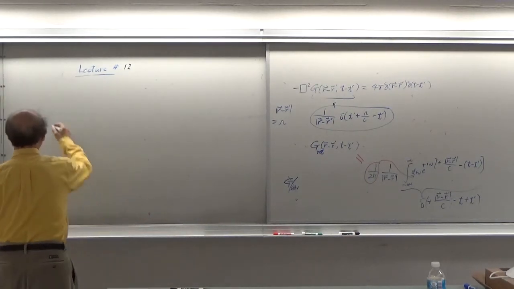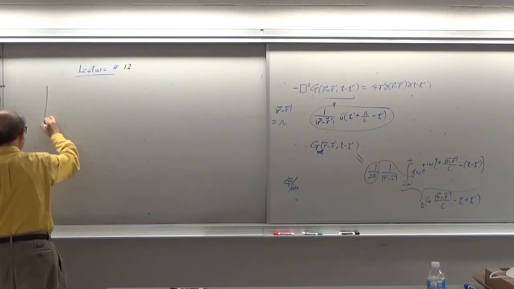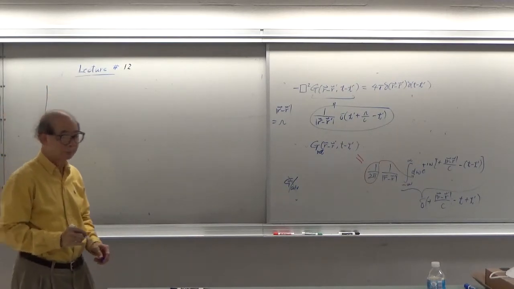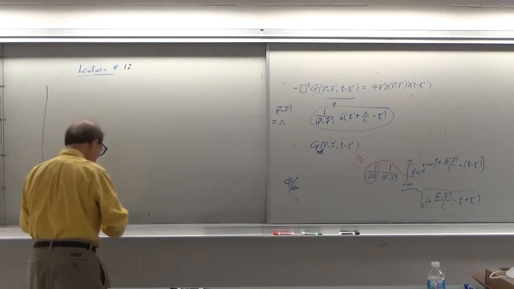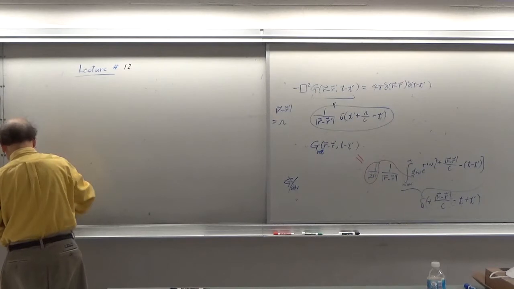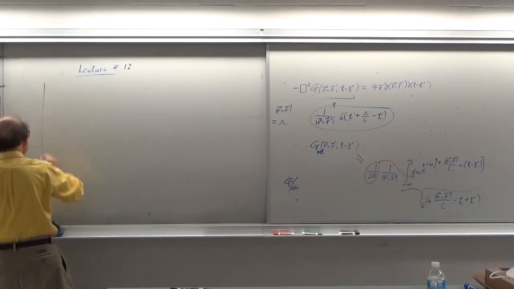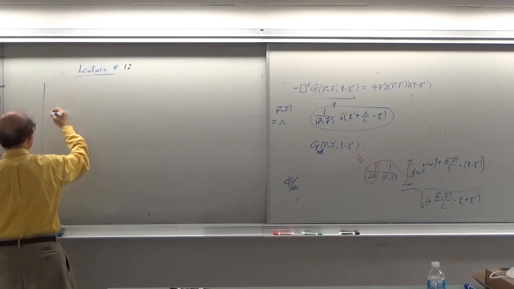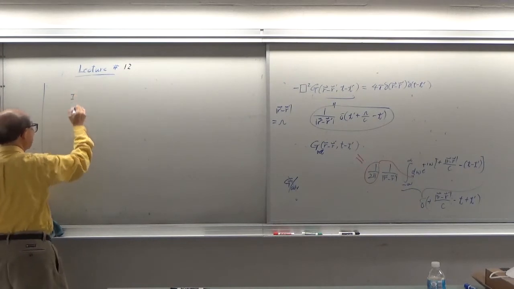Let's say that we have an infinitely long straight wire, and the current is supposed to be straight. And the current was switched on at time equals 0.